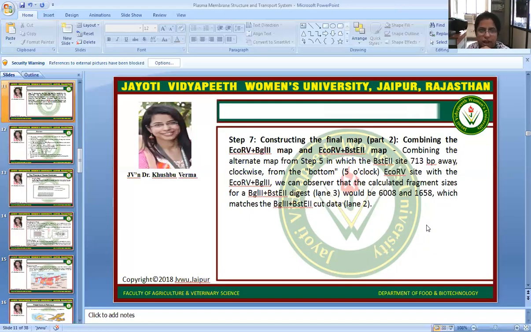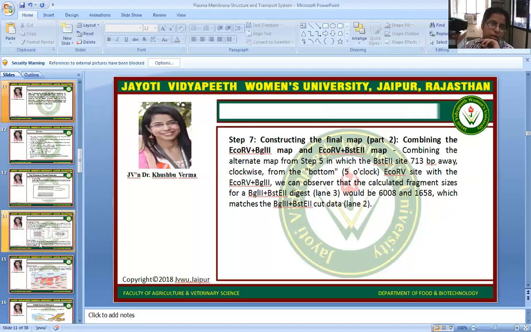With the EcoRV and BglII map, we can observe that the calculated fragment sizes for a BglII and BstEII digest would be 6,008 and 1,658, which matches the BglII and BstEII cut data.